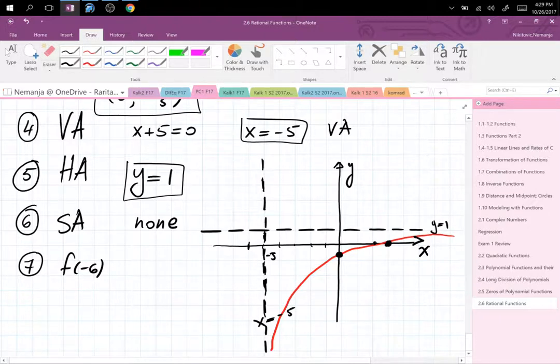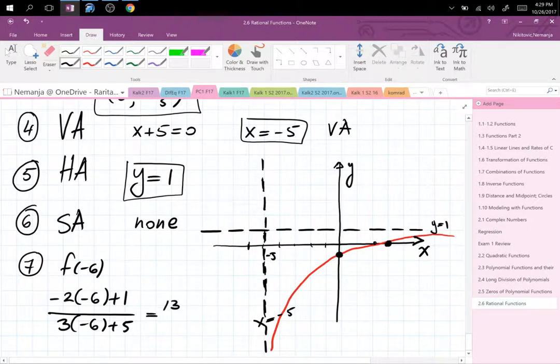So what was the function? It was -2 times -6 plus 1 divided by 3 times -6 plus 5. That was the original function. So 12 plus 1 is 13 divided by -18 plus 5 is -13. Oh, what am I looking at?